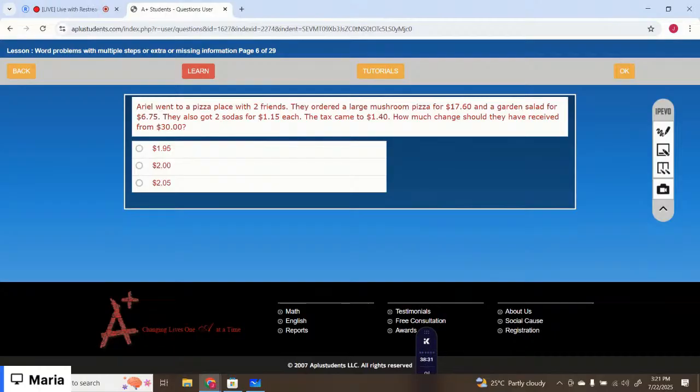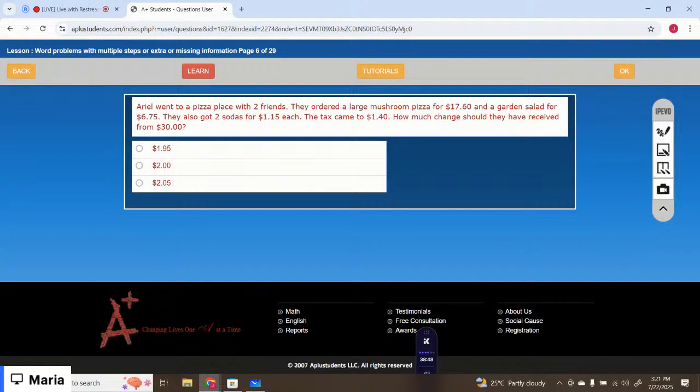Ariel went to a pizza place with two friends. They ordered a large mushroom pizza for $17.60 and a garden salad for $6.75. They also got two sodas for $1.15 each. The tax came to $1.40.